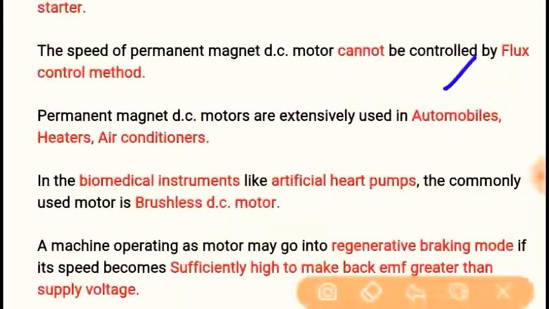The speed of a permanent magnet DC motor cannot be controlled by the flux control method because it does not depend upon field coils; in a permanent magnet DC motor, the coil will not be present.